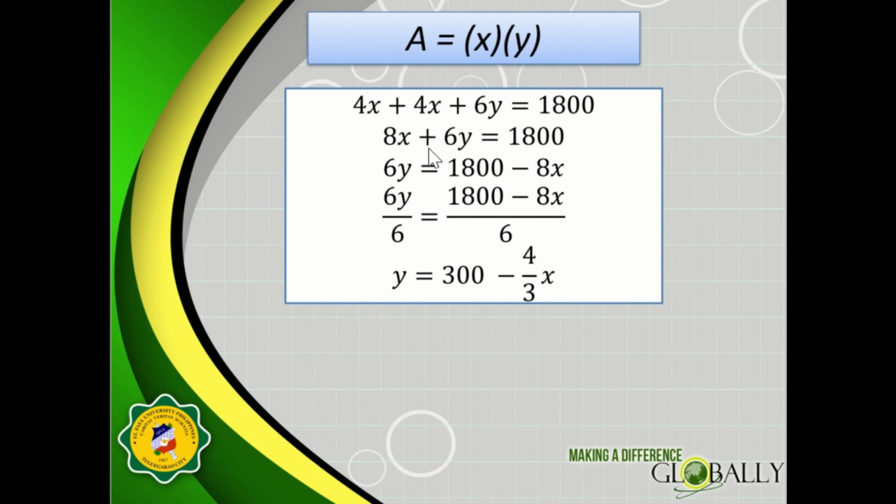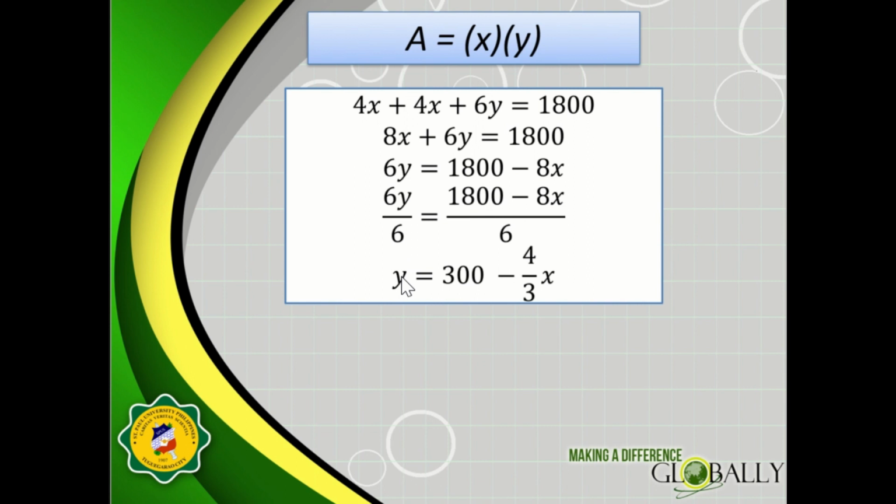Then transpose the 8x to the other side, which will make it 6y is equal to 1,800 minus 8x. And in order for us to leave y alone, we divide both sides by 6 in order to cancel the 6.